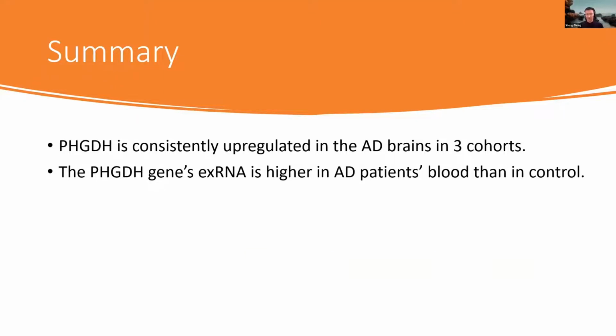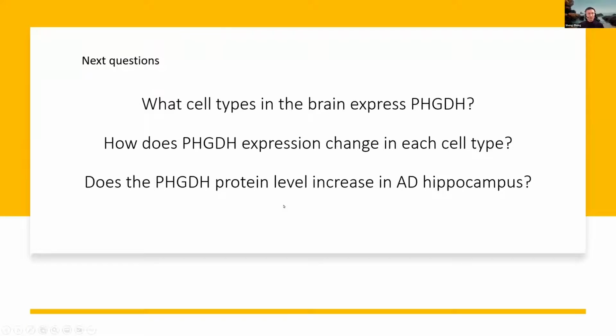blood than control. So the almost obvious immediate question is what cell types in the brain express PHGDH, and how does PHGDH expression change in each cell type? Does the PHGDH protein level increase in AD hippocampus in brain?